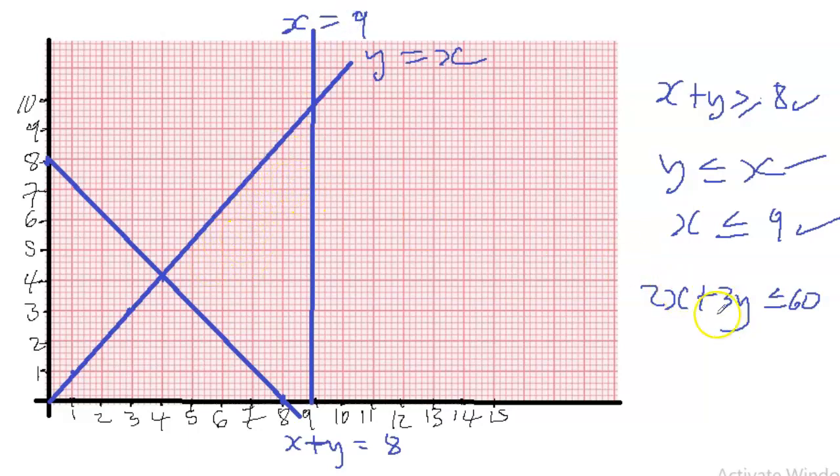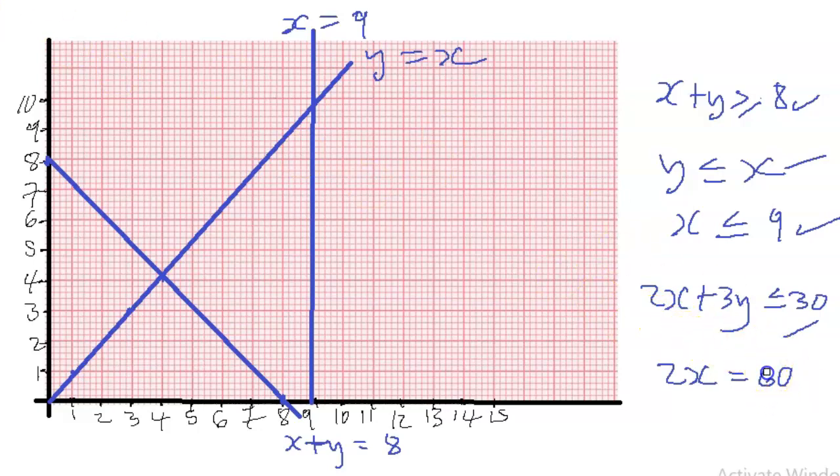And the final line, 2x plus 3y equal to 30. Of course, we need to know where this line cuts the x-axis and the y-axis to draw it. When y is 0, you have 2x equal to 30.